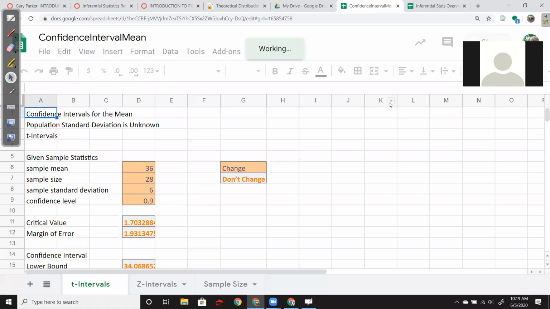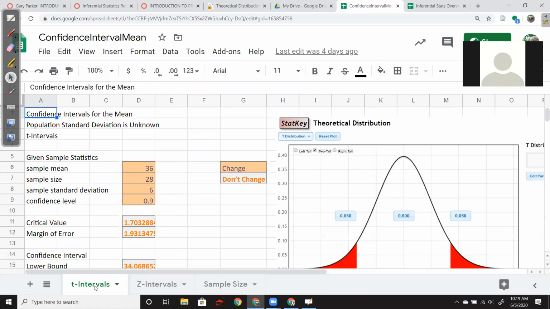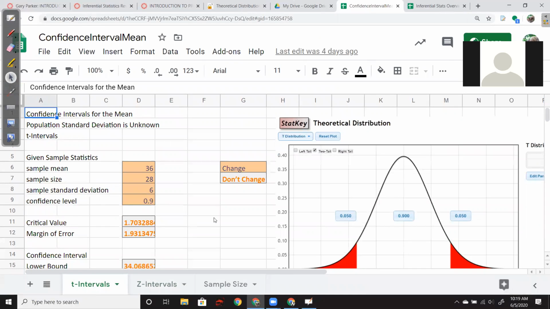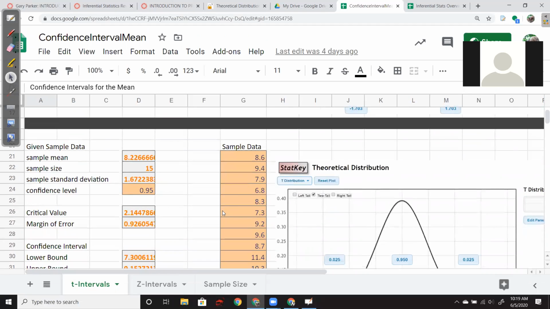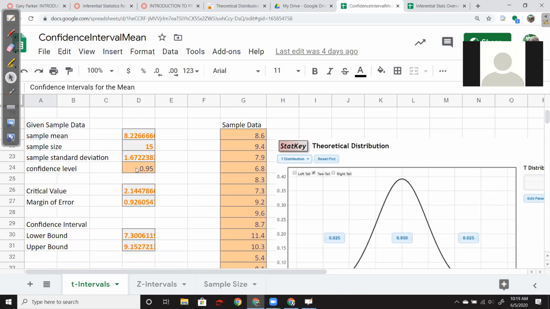You could use the pre-built, and the first tab is t interval, so make sure you pick the right tab. Are you doing a t or are you doing a z? In this case, we'd be doing a t. And then I could enter my sample data here, and then the computer will calculate the numbers I need here, and I would have to enter my confidence level there. But all I want to do right now is just double check that t-score.